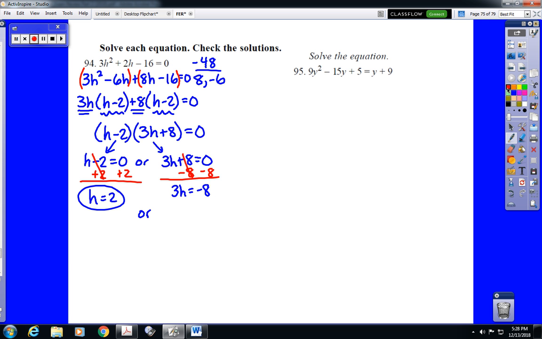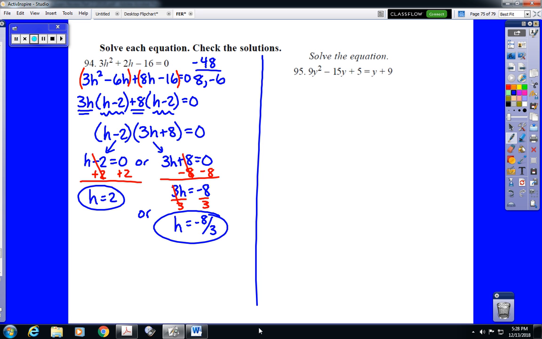Then I'm going to divide by 3, and that will give me h equals negative 8/3. So those would be my two answers to that question. I know it says to check the solutions. If you want to plug those back in and confirm that I'm right, go for it. But I'm always right, so you're good to go.